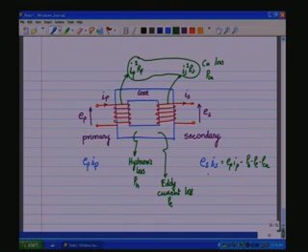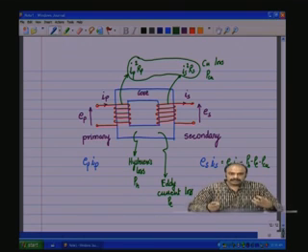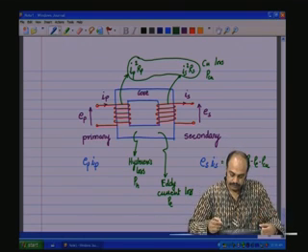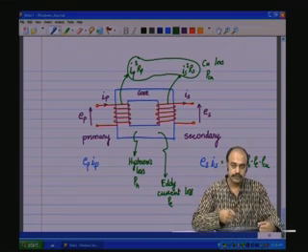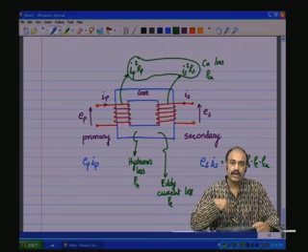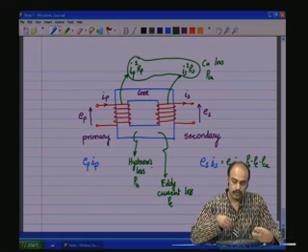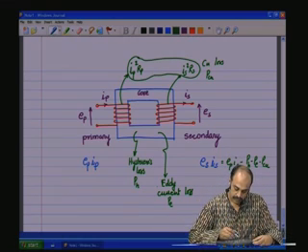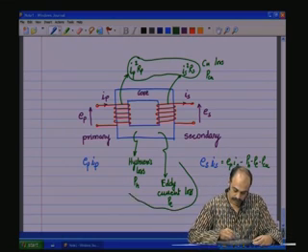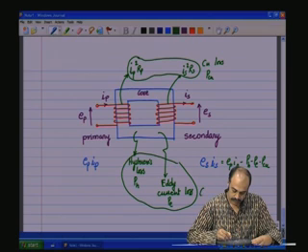So, it will not be exactly the same as the primary power; what you would get at the secondary side would be less by an amount equivalent to the losses which are encountered, like the hysteresis loss and the eddy current loss in the core, called the core losses, and the copper loss.